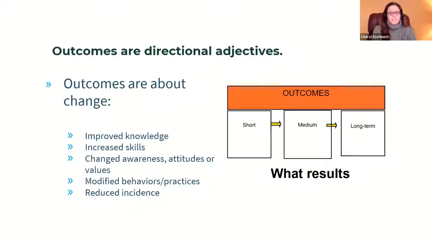Usually in short term, we do focus on changing attitudes or changing awareness. Maybe they build some knowledge and skills. And then the medium and long-term outcomes are more like, did people actually change their behaviors or their practices? Did you actually reduce some sort of incidence of pain or food safety? Something that is a bigger picture than maybe just knowledge or attitudes.